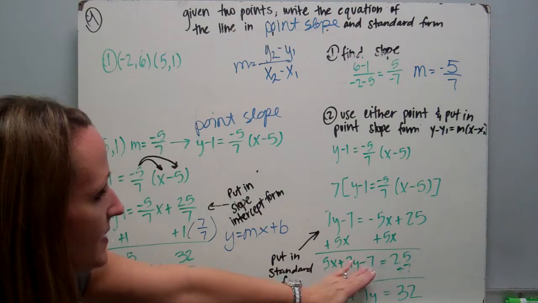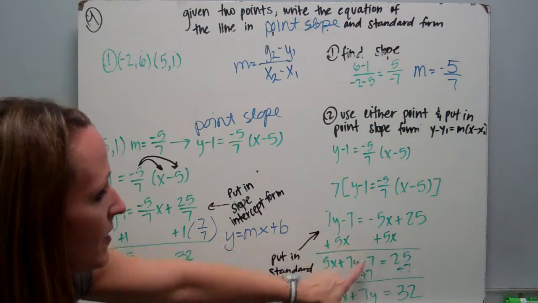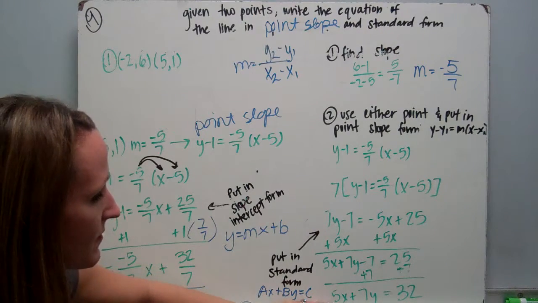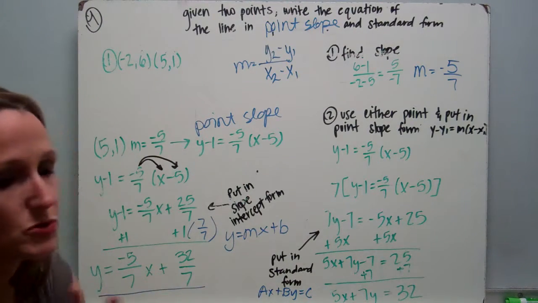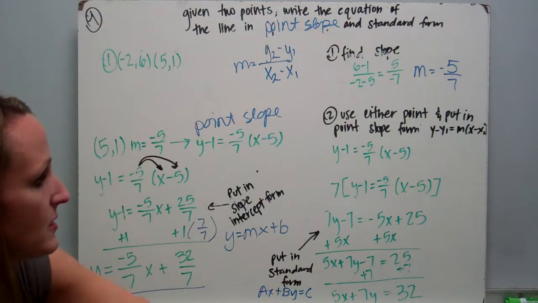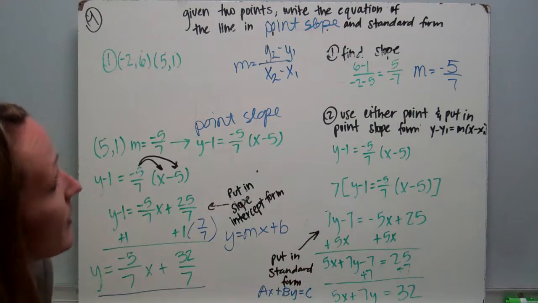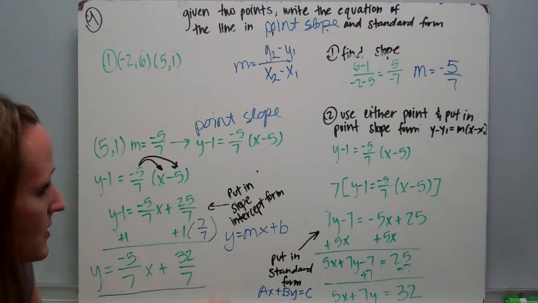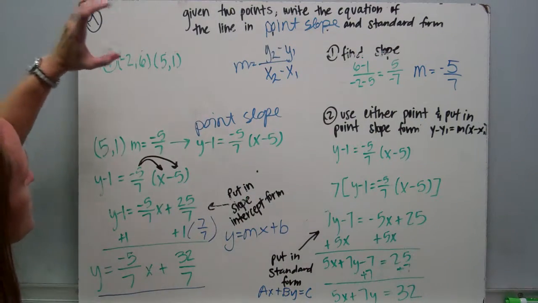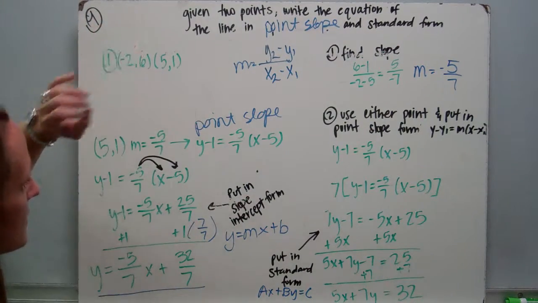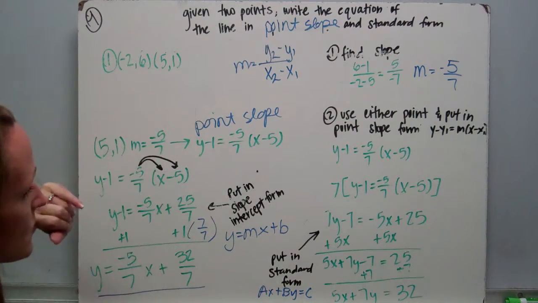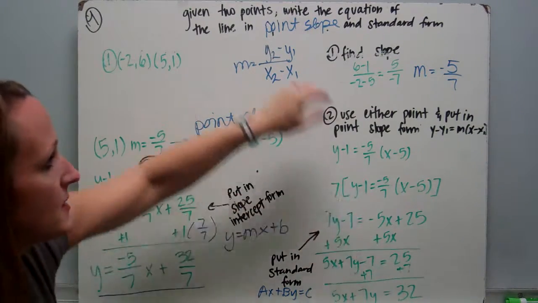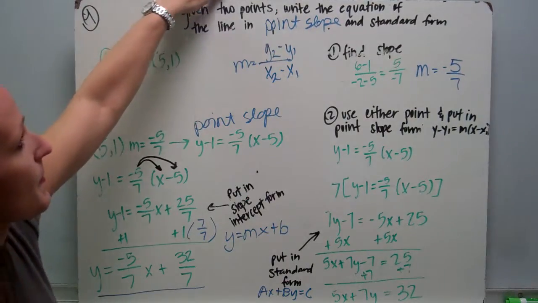If I just add 7 on both sides, I get rid of my whole number, leaving me with 5x plus 7y equals 32. So I have transformed this equation to have all my variables on one side and all my whole numbers on another. So now I have gone from just having a point to having point slope form, to having slope intercept form, to having standard form.